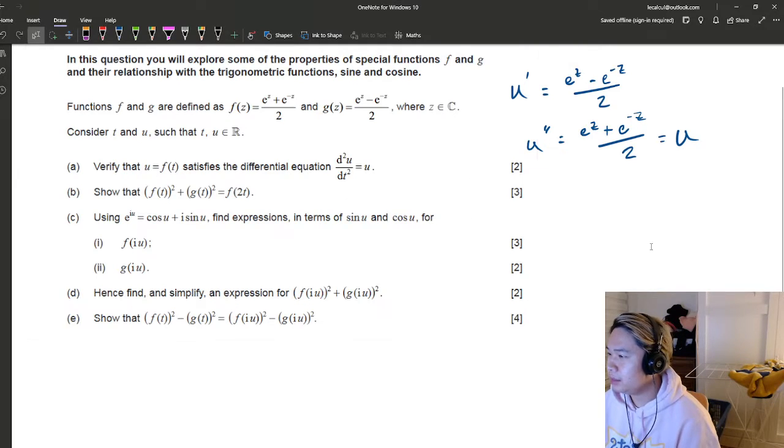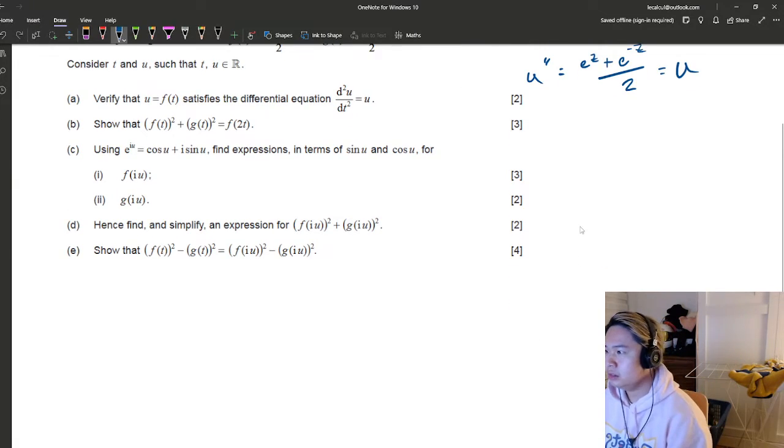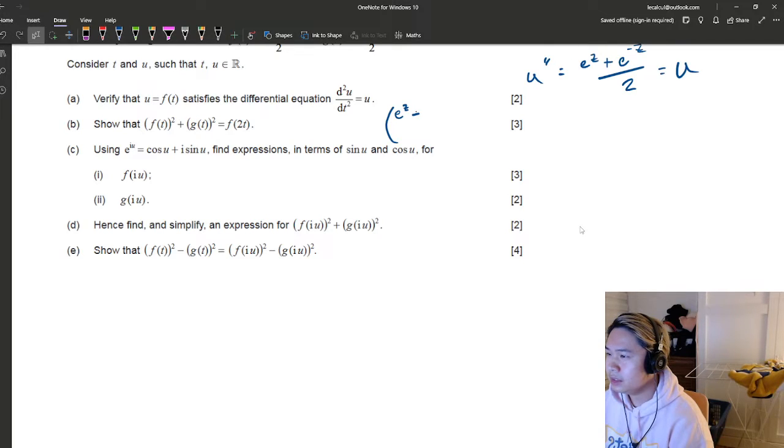Okay, next up, show that f squared plus g squared equals f of 2t. So if I am going to take this one and square it, probably not enough room there.